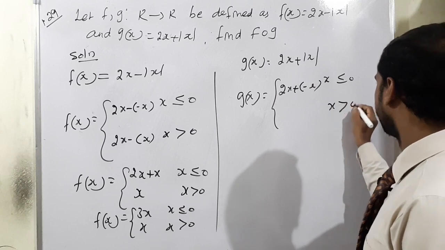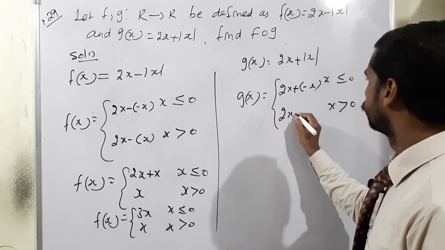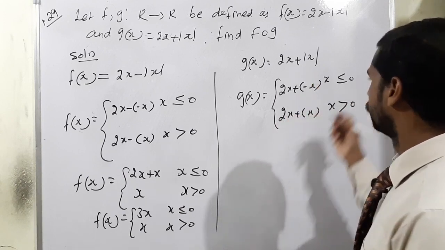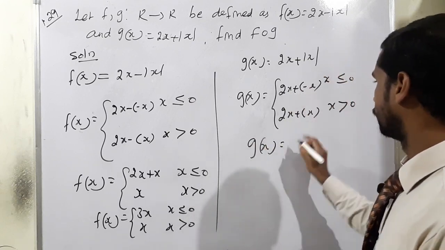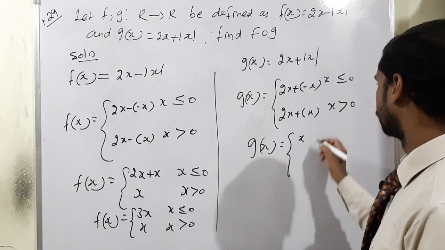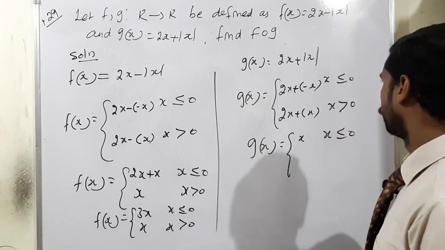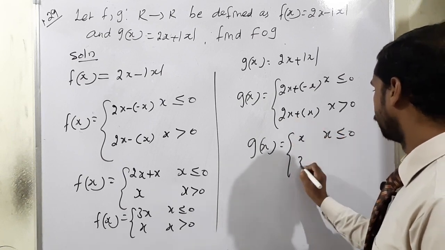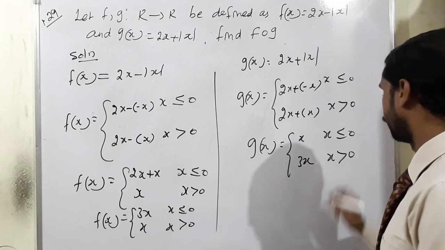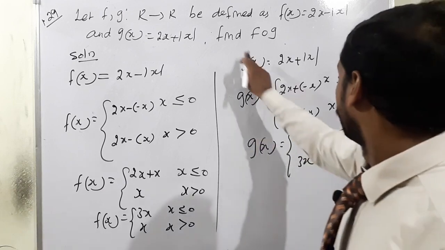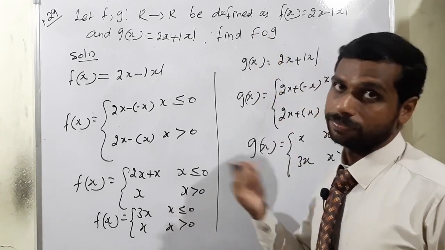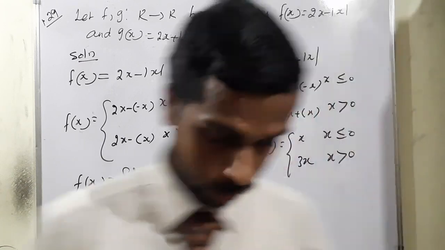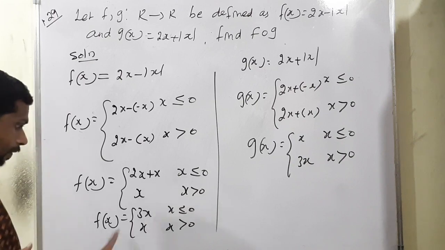Then when x greater than 0, 2x plus x. Therefore, g of x is equal to 2x minus x, only x, when x less than or equal to 0, and 2x plus x means 3x when x greater than 0. Now we are moving to find the value of f composite of g, f∘g of x, okay. So now this is the final answer, isn't it?